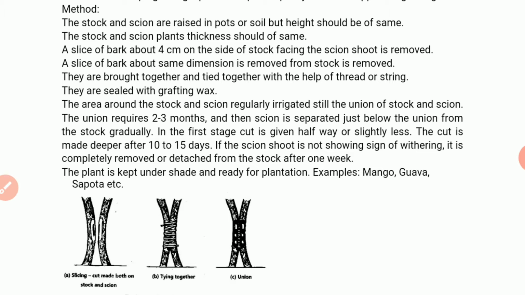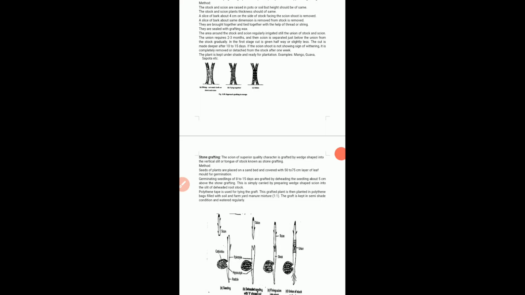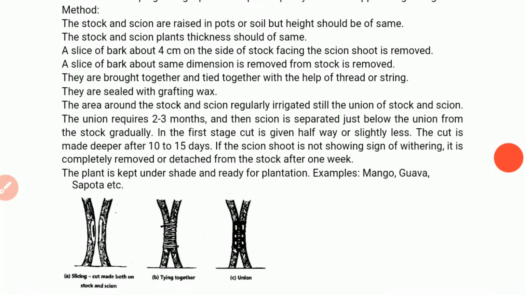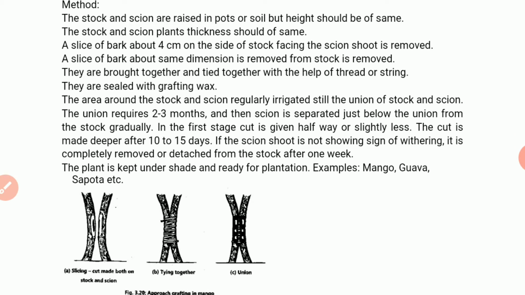If the scion shoot is not showing signs of withering, it is completely removed or detached from the stalk after 1 week. The plant is kept under shade and ready for plantation. The examples of this approach grafting are mango, guava, and sapota.